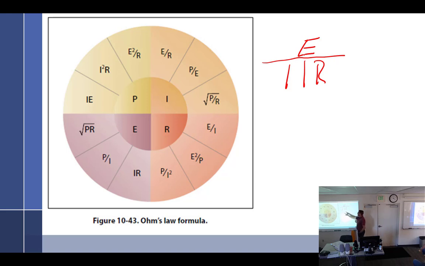If I have current and resistance, I can find volts. If I have volts and current, I can find resistance. If I have whatever, you get the idea. I forget where I left off. Follow? And what that is, a formula that says E equals I times R. So if you want to know E, cover that up and go what's left, I times R. If I want to know I, guess what?